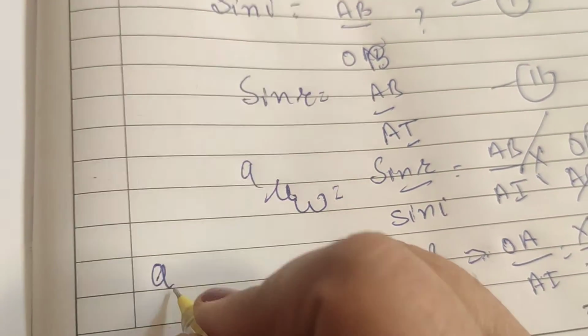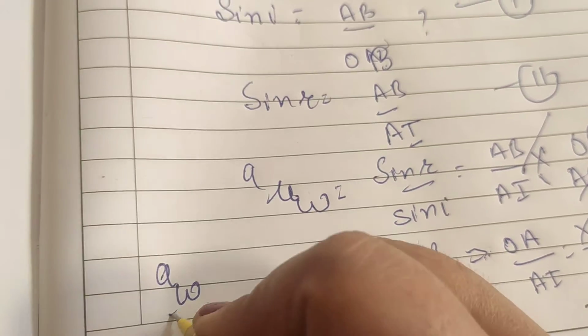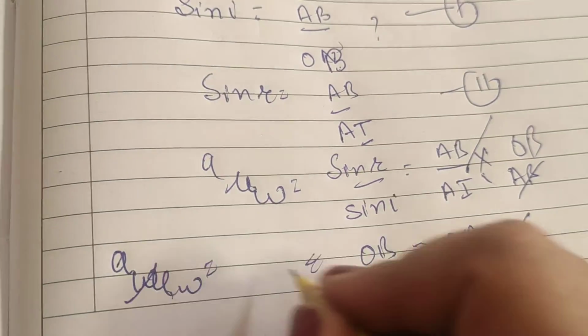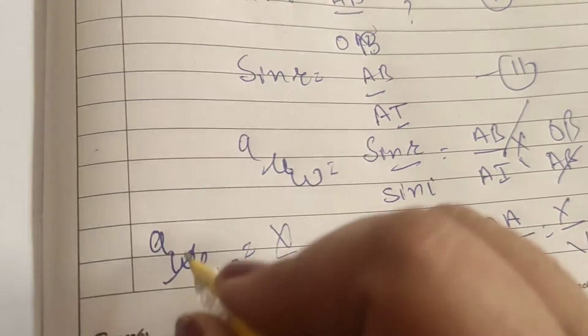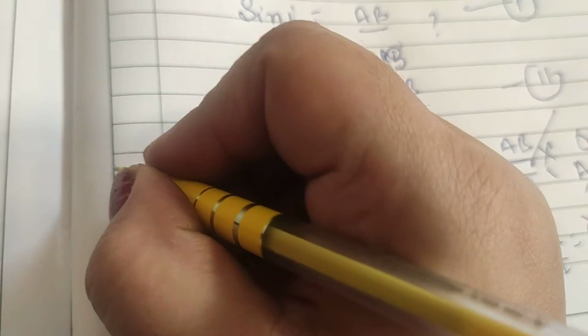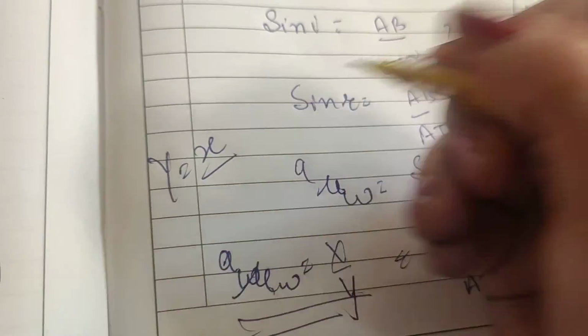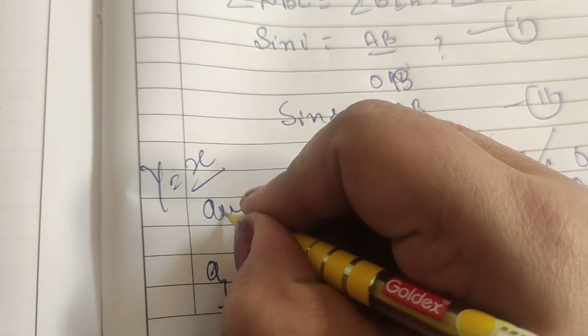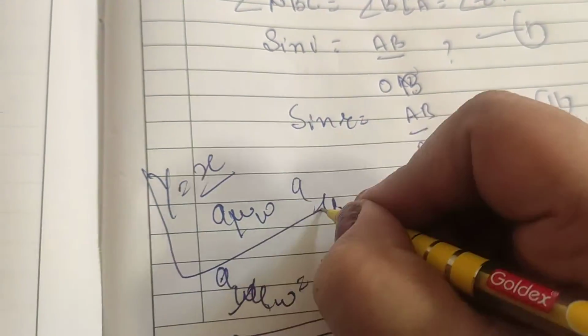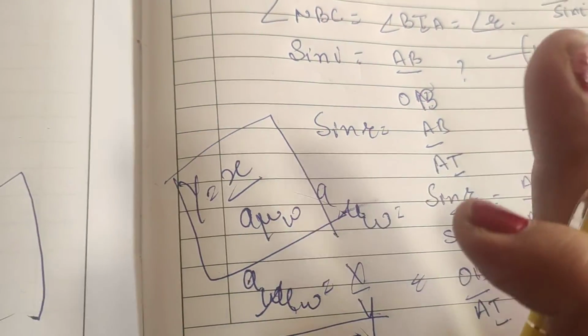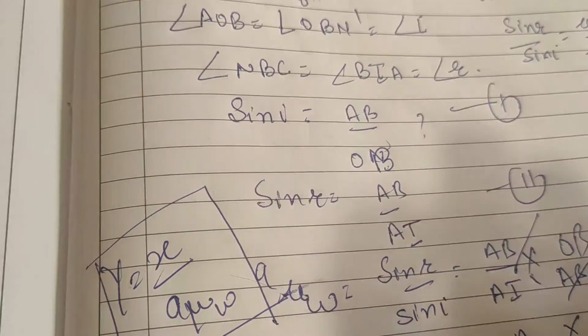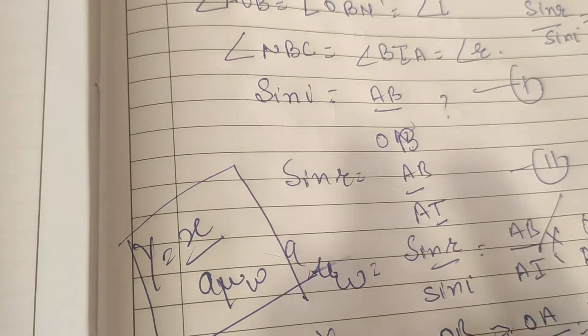So we have A mu W equal to x by y. From here we get the value of y, which is equal to x upon A mu W. So this is how we can get the value of the apparent depth of a container, of a water tank, of anything.